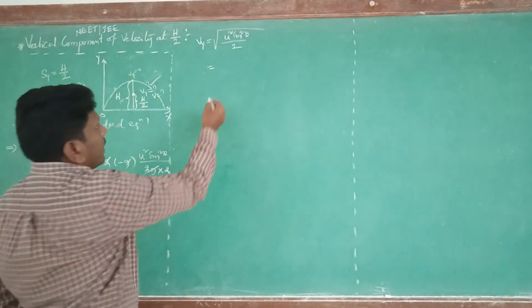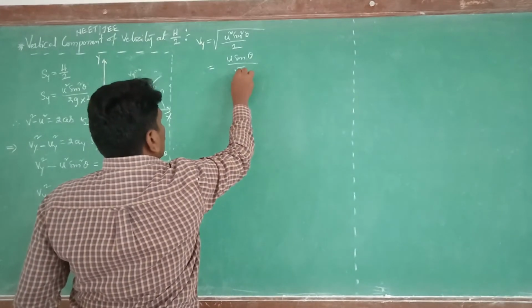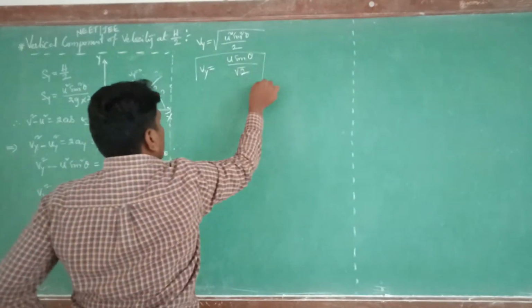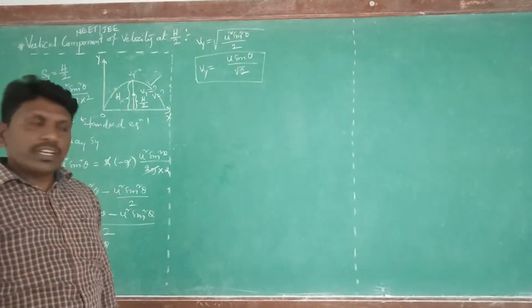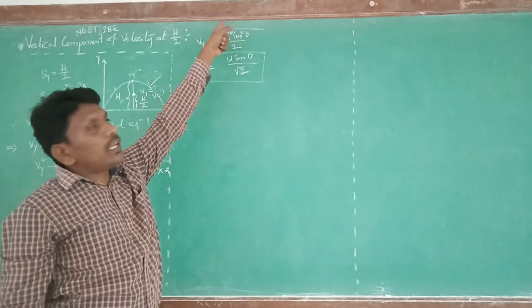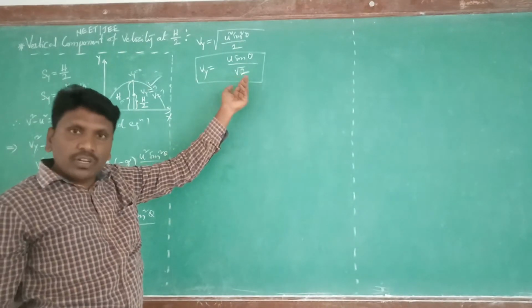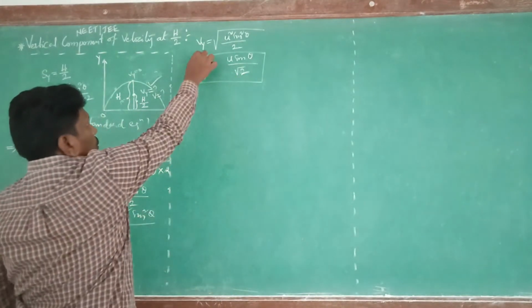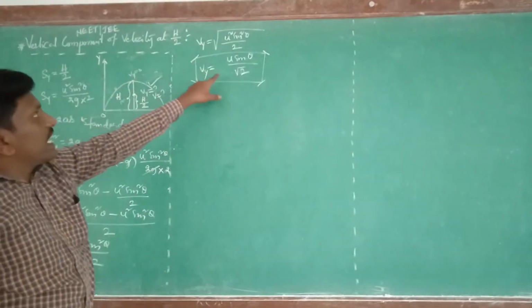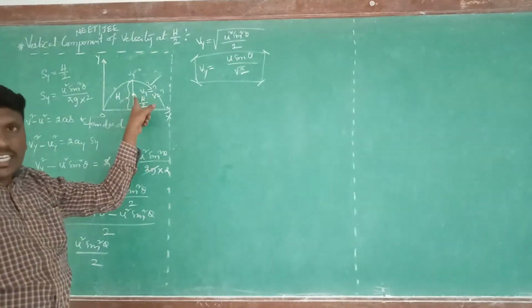From that we can write it as u sin theta by root 2. We can write this as u sin theta whole square; square and root get cancelled, and the root 2 remains in the denominator. So this is the vertical component of velocity at h by 2. This much velocity is there here.